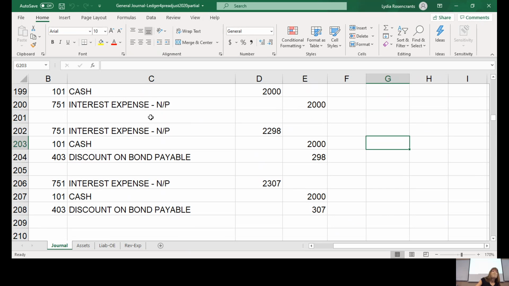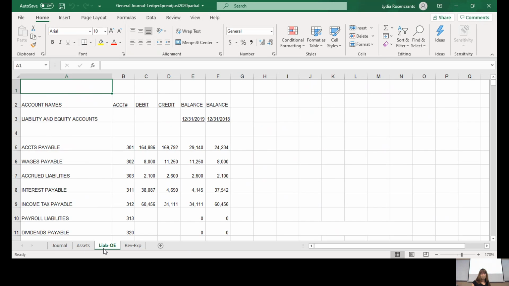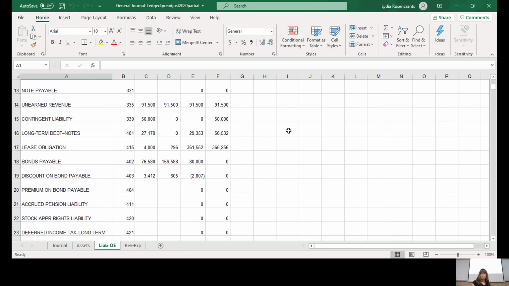Okay. So if we went to look at the bonds on the ledger, the discount is now at $28.07.